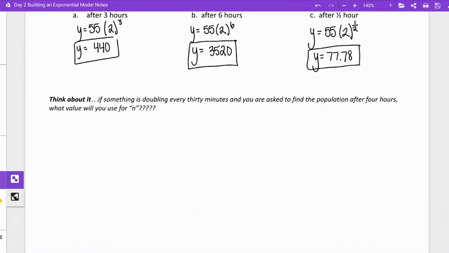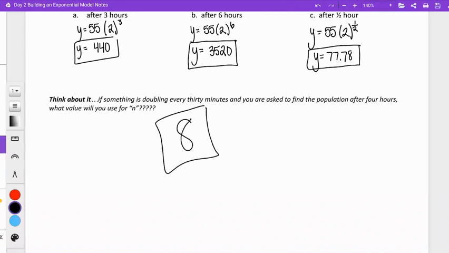What would you use for what's changing, right? N is changing. So if something's doubling every 30 minutes, well, think about it. How many 30-minute increments are in 4 hours? The answer would just be 8, right? You're evaluating something 8 times. 30 minutes and 30 minutes, that's 1 hour.